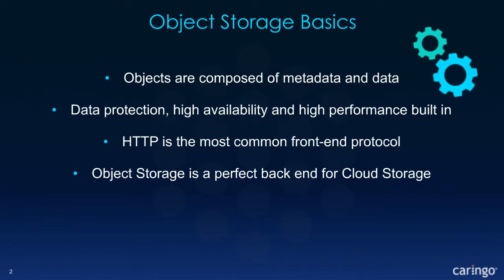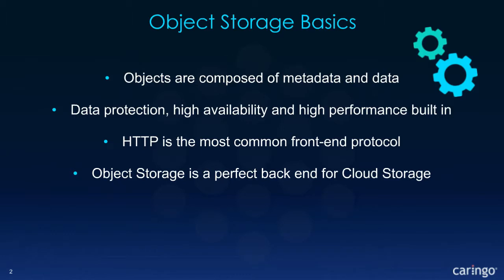Objects are comprised of metadata and data. So this is really the central and most important part of the relationship. That's the relationship between metadata and object storage. If something only has data, it's really not an object. So metadata plus the data is the object in object storage.